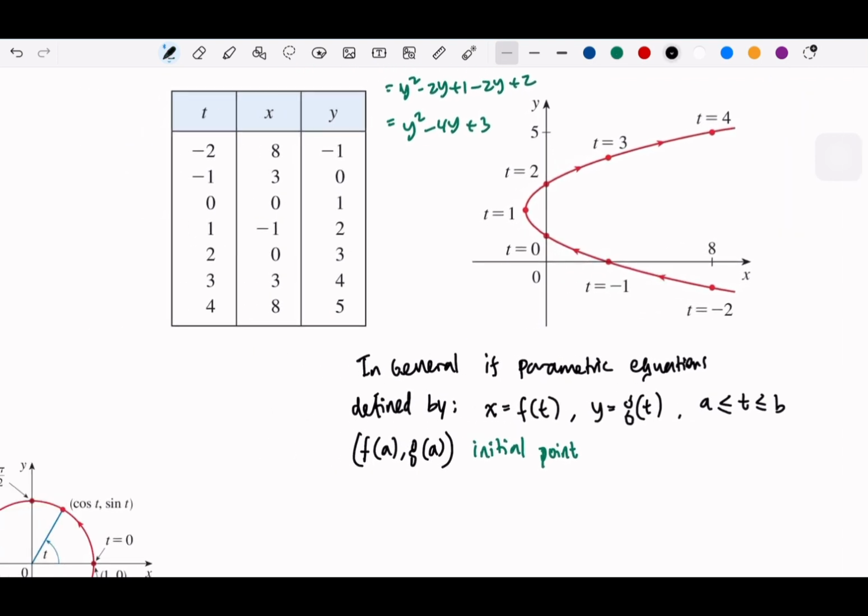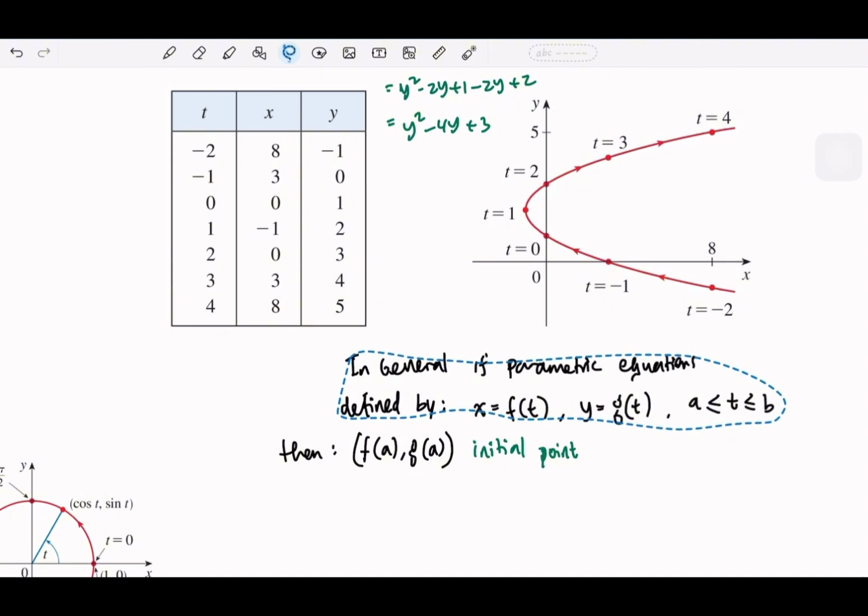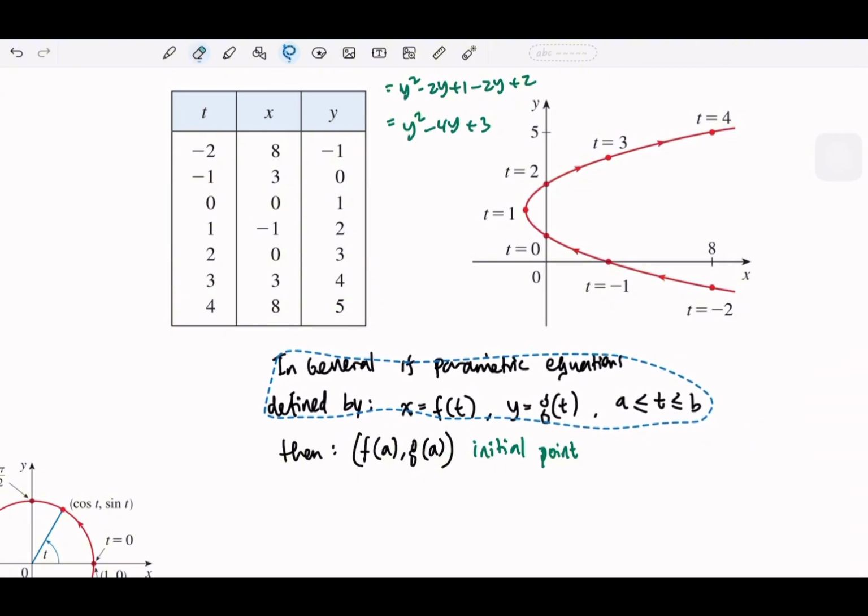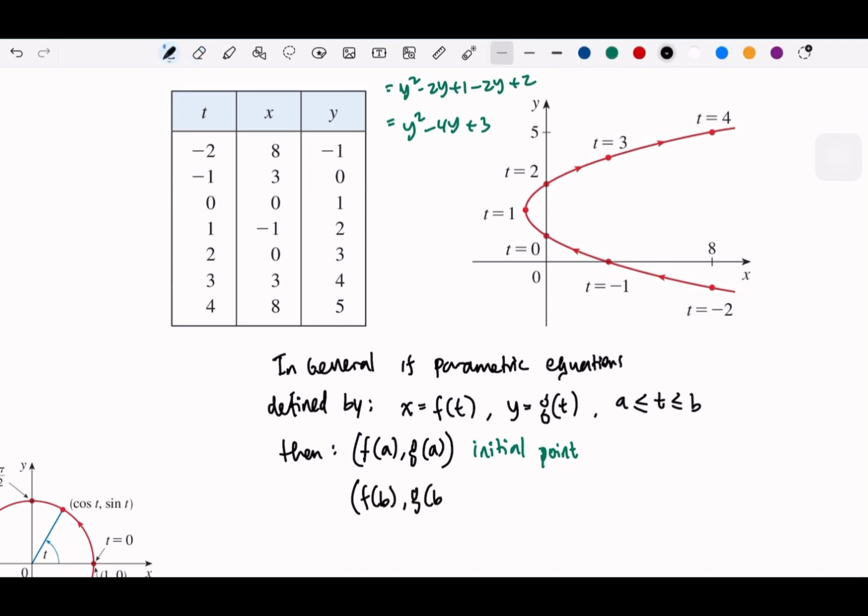And f(b), g(b) is the coordinate for the terminal point. So a is the start for t, b is the end point.